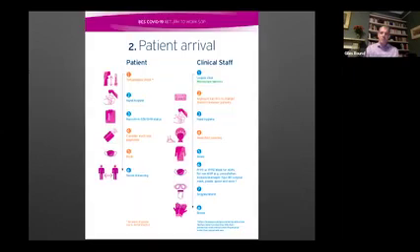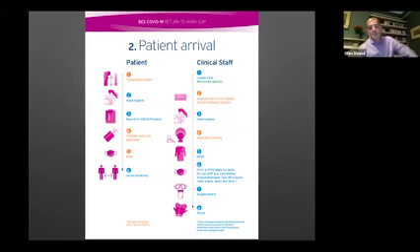It's color coded. The blue ones are basically requirements, and then there's advisory and clinical judgment, the advisories being the green ones and the clinical judgment being the orange ones. These are things that you have to do for your patients and your clinical staff. There are some really nice little diagrams in here, and it's really easy to understand.